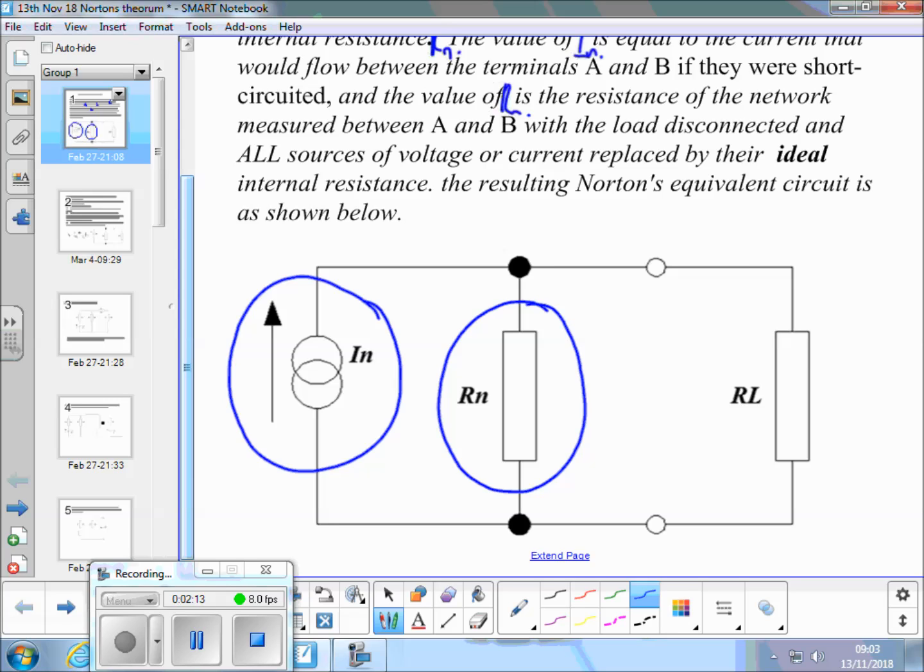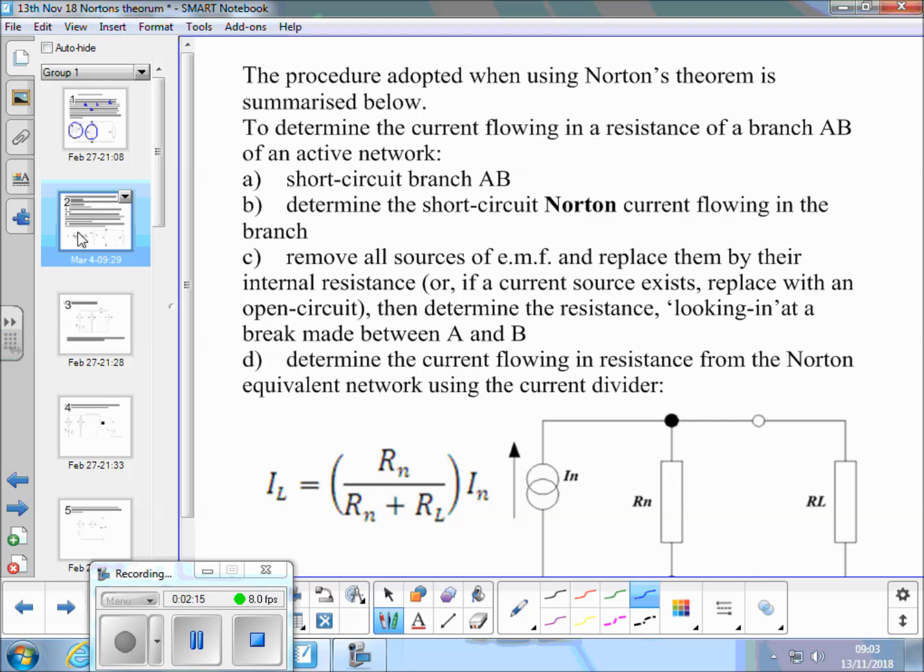So let's have a look at an example. Let's have a look at the process involved. The procedure to adopt when using Norton's theorem is summarised below. To determine the current flowing in a resistance of a branch AB of an active network, we first of all short circuit the branch AB.